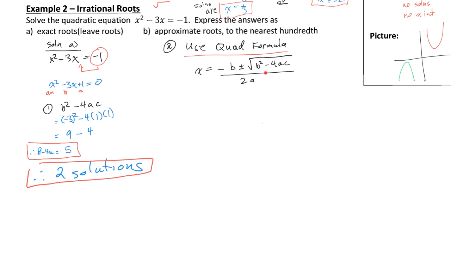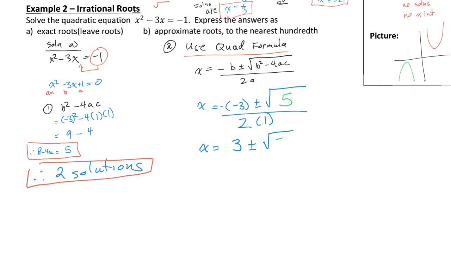which is located right here. Now that we have our substitutions, we need to make sure that we simplify this part here and this part. So now x is going to be negative of negative 3, which is positive 3, plus or minus the square root of 5, divided by 2.